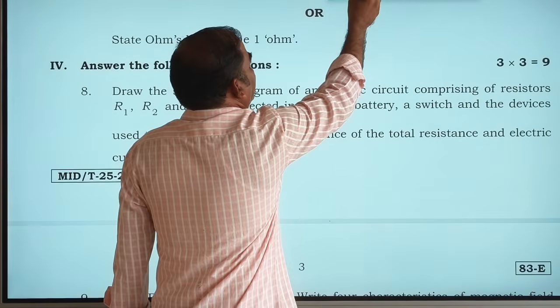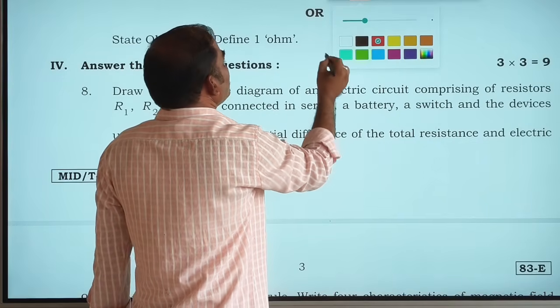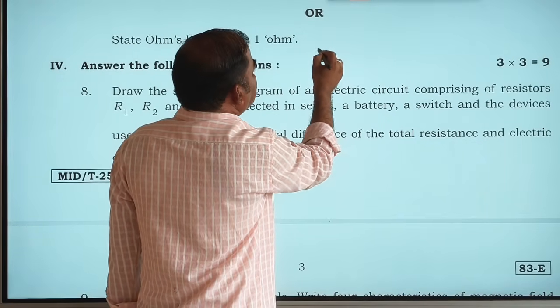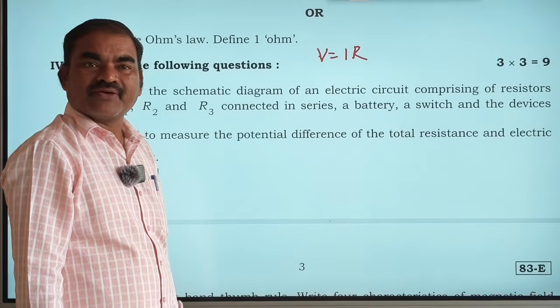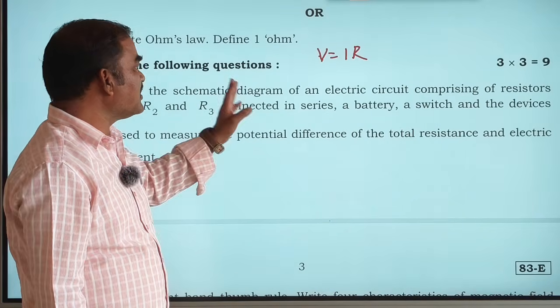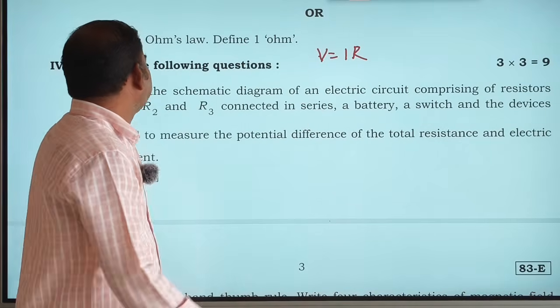Next one, define Ohm's law. Ohm's law is that V equals IR. The potential difference is directly proportional to current.